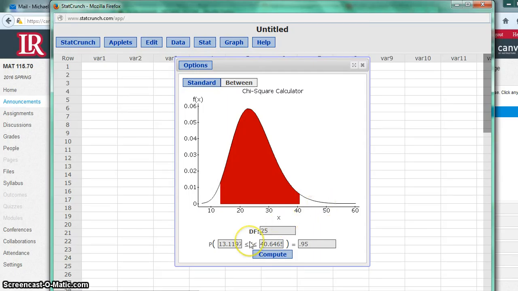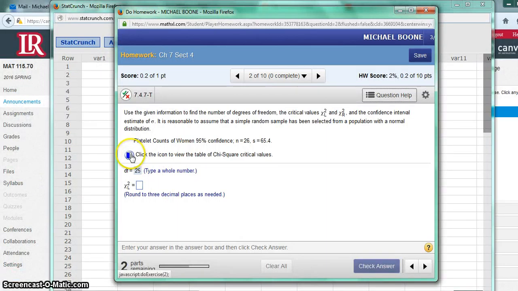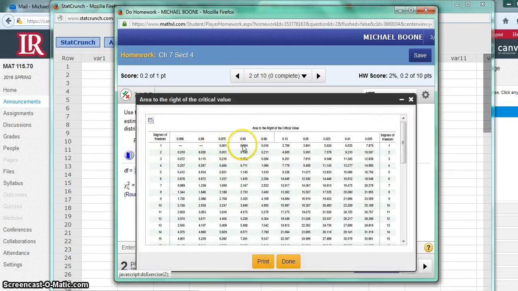But let's go verify these numbers of 13.1197 and 40.6465 using the table that they provide us here. This table gives the area to the right of the critical value. So if I have 2.5% in that very left tail, that means I'm looking at 0.975 to the right of that.